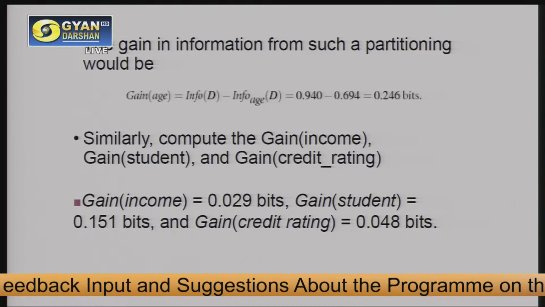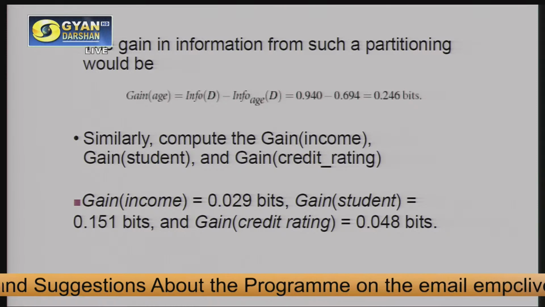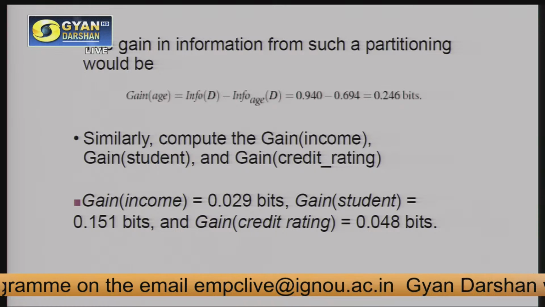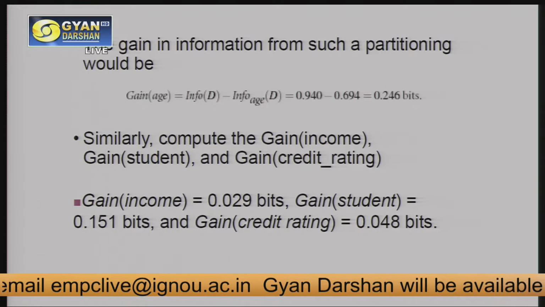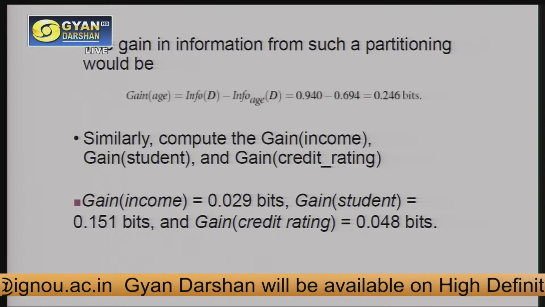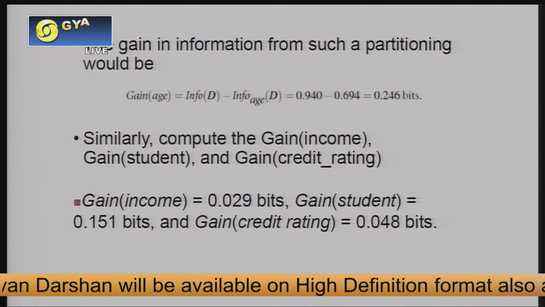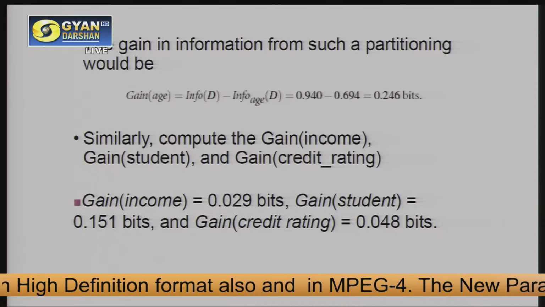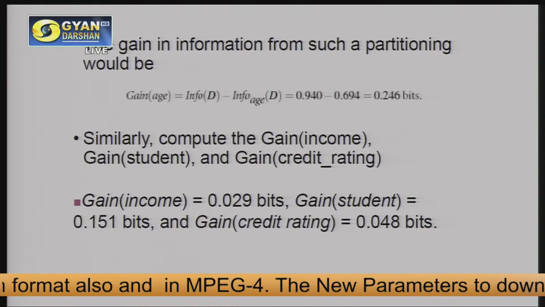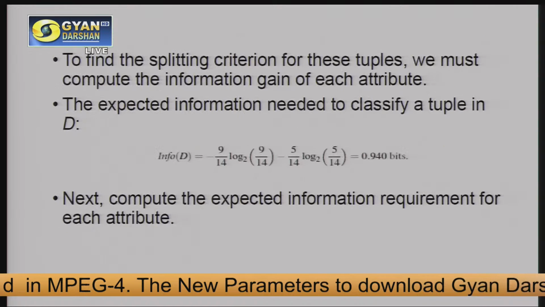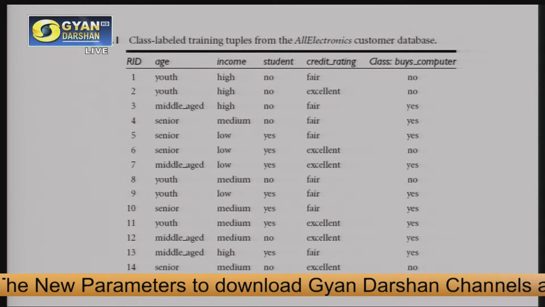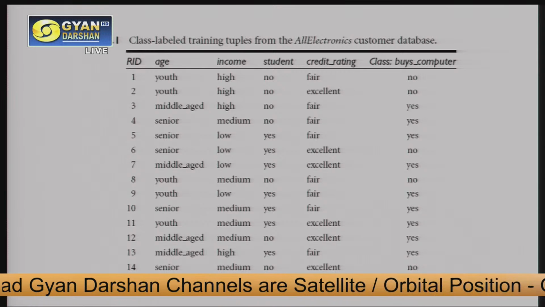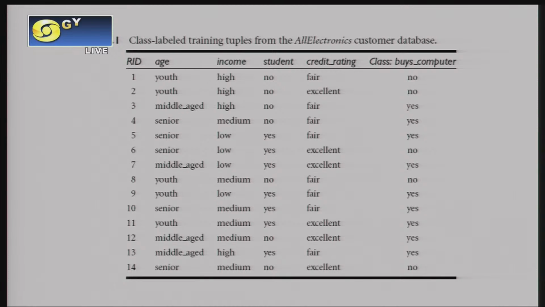Now, as I mentioned in the beginning, because this is a recursive process, the whole algorithm works in a recursive manner, so we have to calculate the information gain for the remaining attributes as well. We have to calculate the gain for income, for student, and for credit rating. If you remember, there are 4 different attributes in this training tuples data set: age, income, student, and credit rating.